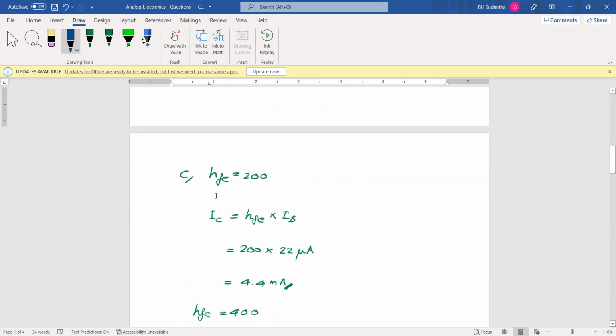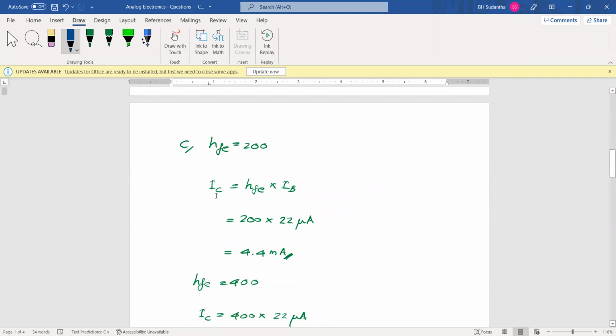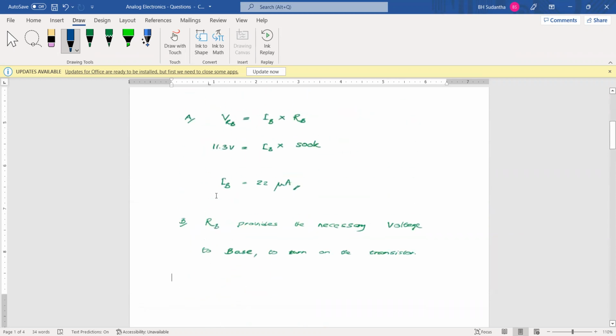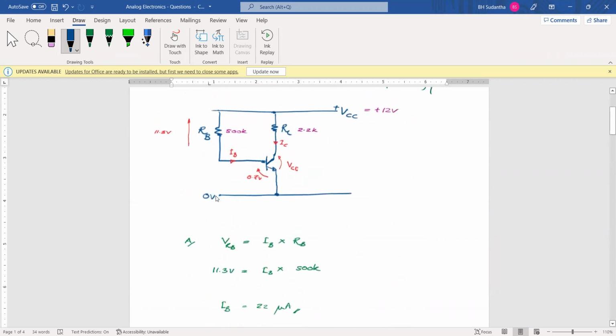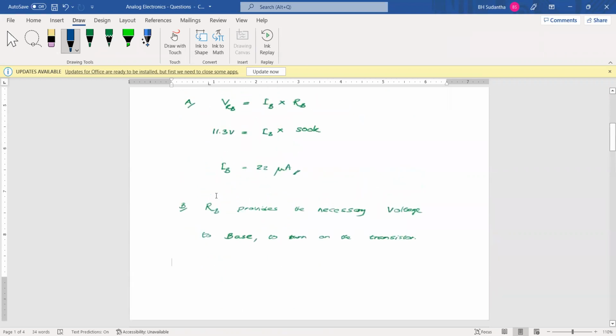Then the second question, this one, type part C. Okay, here part B, RB provides the necessary voltage to the base to turn on the transistor.